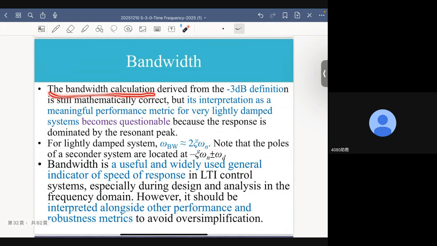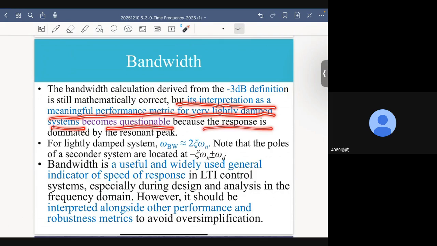The bandwidth calculation derived from the -3 dB definition is still mathematically correct. Mathematically, this definition is okay, but its interpretation as a meaningful performance metric for a very lightly damped system becomes questionable because the response is dominated by the resonant peak.